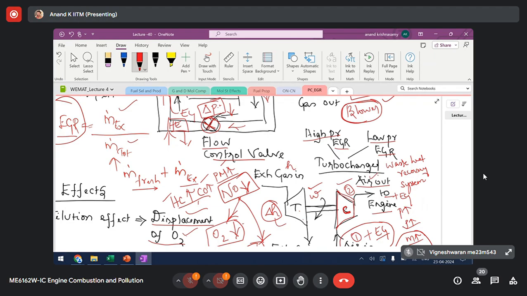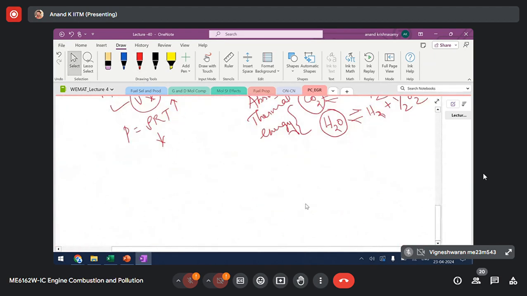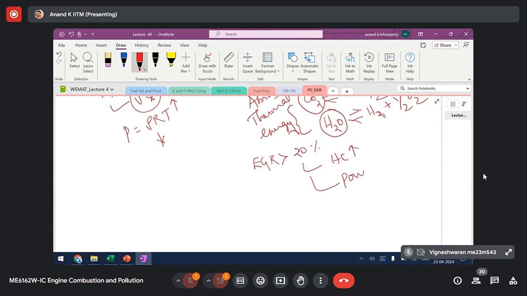So generally, for EGR level, there is an upper level or a cap. Generally, people won't use EGR above 20%. If this is increased beyond 20%, there will be a sharp rise in HC. Power output will come down because you have a displacement effect. Fuel economy will also come down.